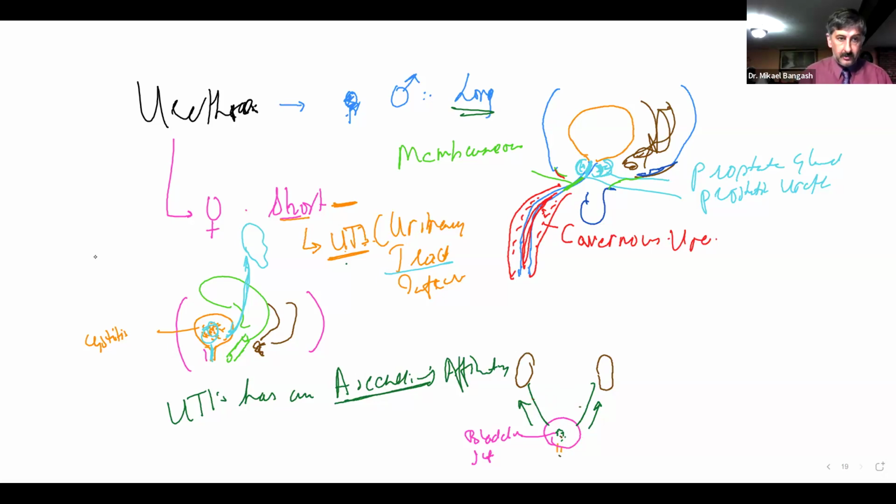But that doesn't exclude the possibility that people may develop infections in the kidneys itself, where this would just be referred to as upper UTIs. And anything below that is going to be lower UTIs.